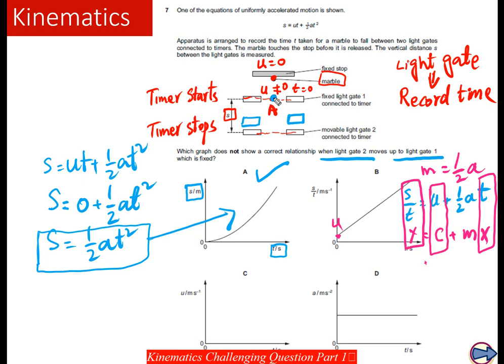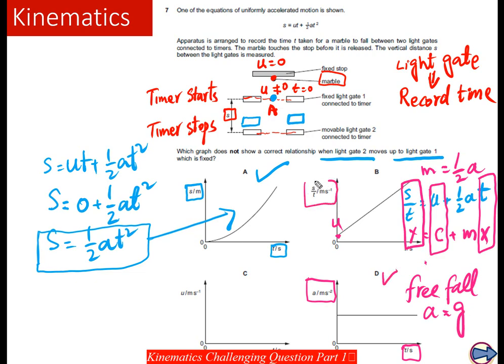You can see we have acceleration on the y-axis and time on the x-axis. Free fall simply means that a has to be equal to g. So this is also correct.